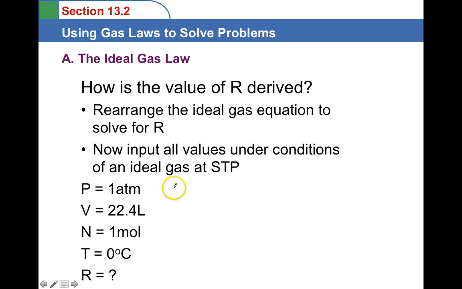Okay, if we rearrange for R, R is then going to be equal to, and again, we're working with PV equals nRT. If we want to get R by itself, we're going to end up taking PV and dividing it by nT.